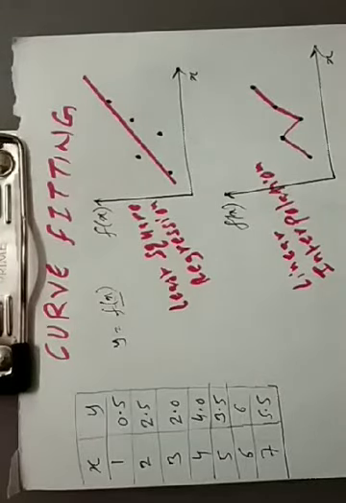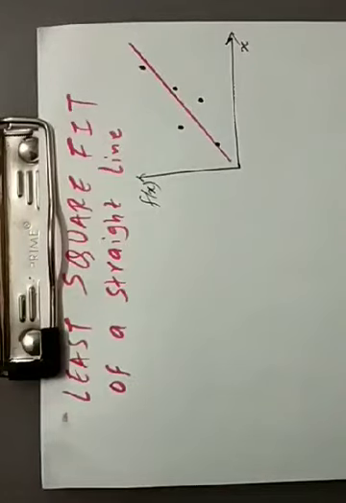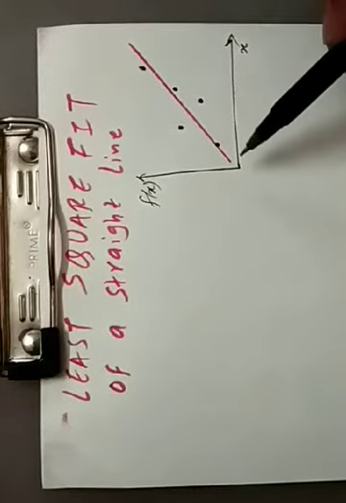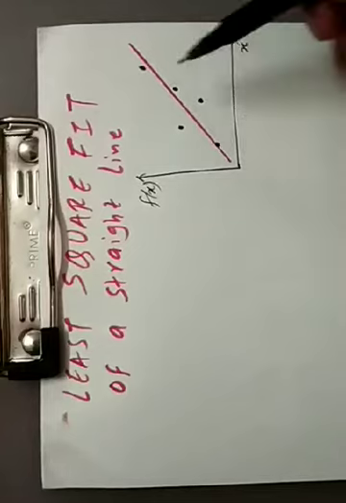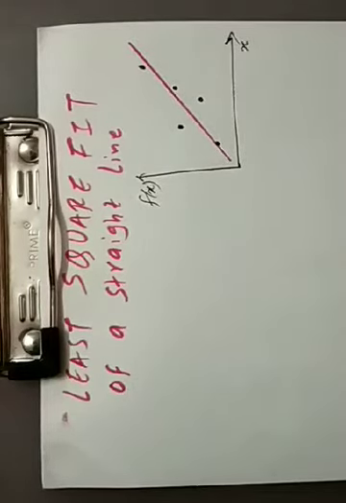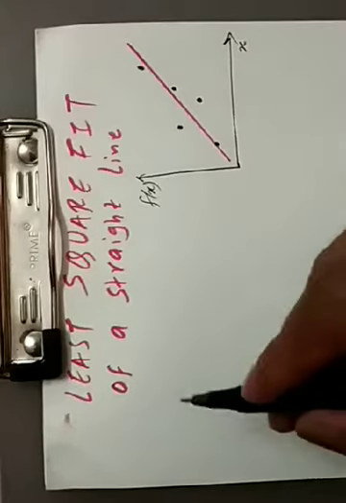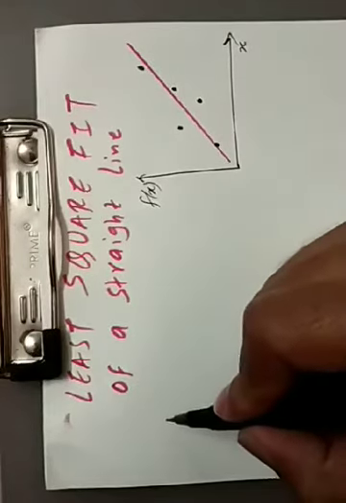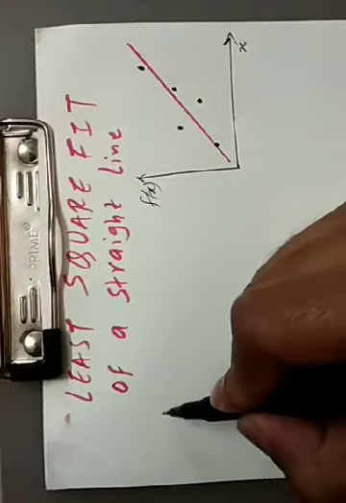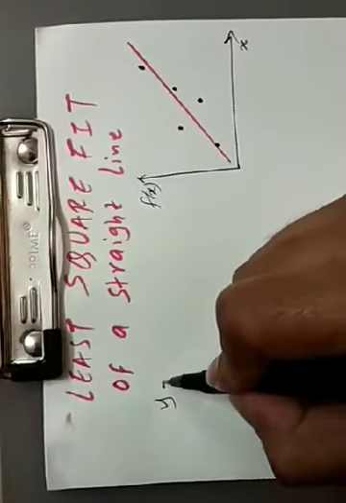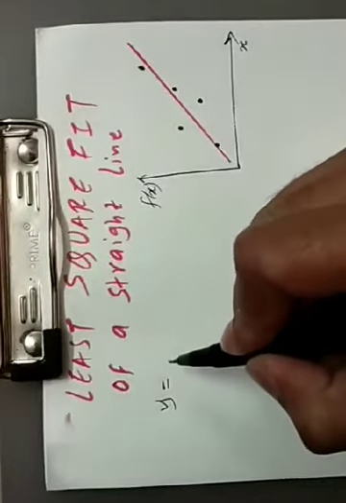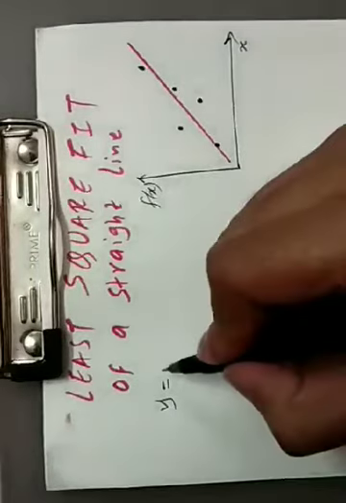Next we'll see how to fit one straight line using least square regression method. So here we have discrete data points and we will fit one straight line to this data using the least square fit method. So here the equation for one straight line, you all know, is y is equal to, say, mx plus c.